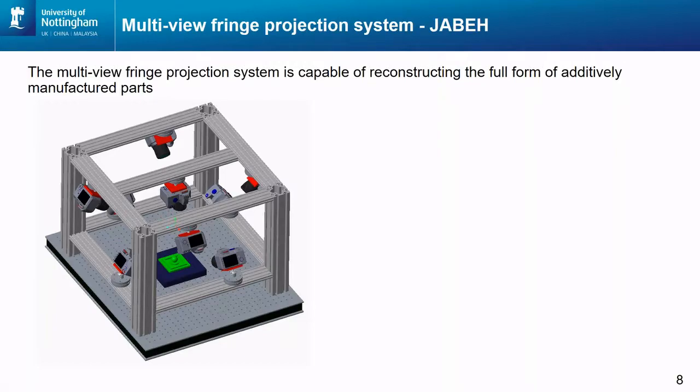My professor called it Jabe, which is a Persian word that means a ball. On the left-hand side, you can see Jabe. It currently has 8 cameras, 2 cameras in each quadrant, and we need to decide how many projectors we can add in order to illuminate the object.